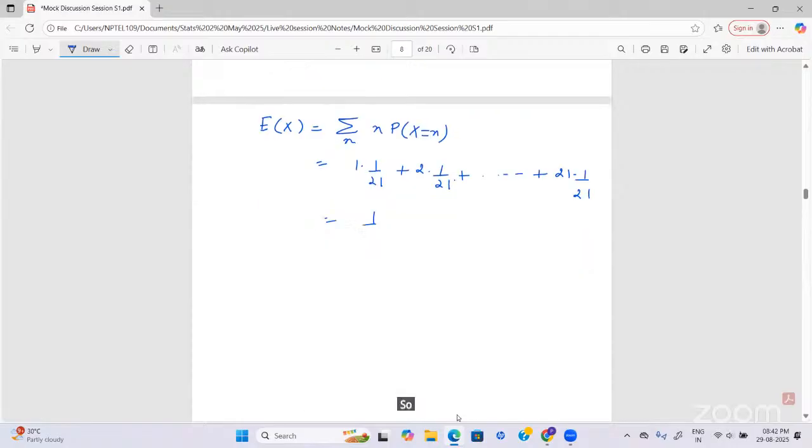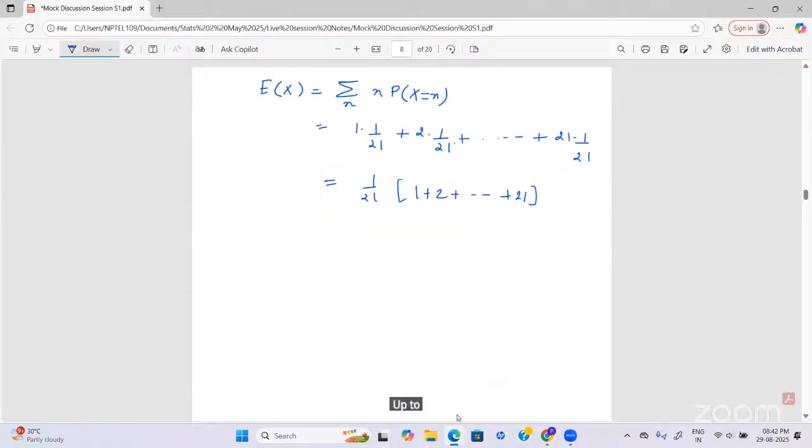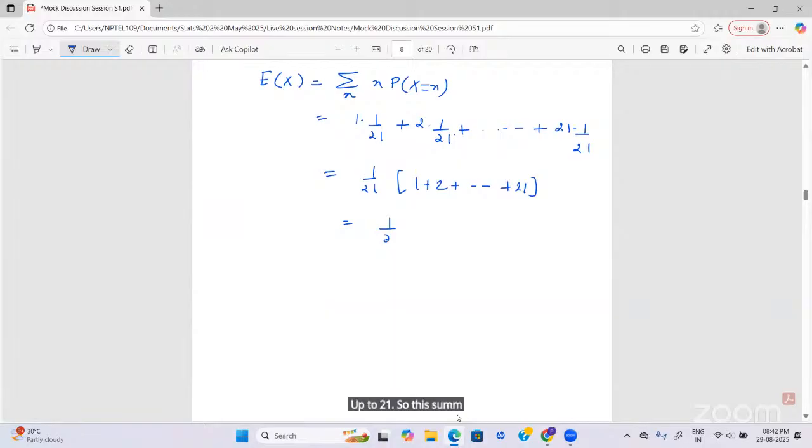So 1 upon 21 is common, then 1 plus 2 up to 21. This summation will be n plus 1 upon 2, so it is 21 plus 1 upon 2, which is 22 by 2, equal to 11. Is this question clear to everyone?